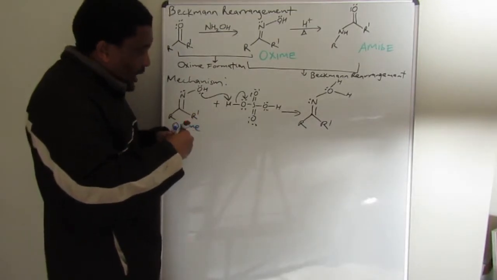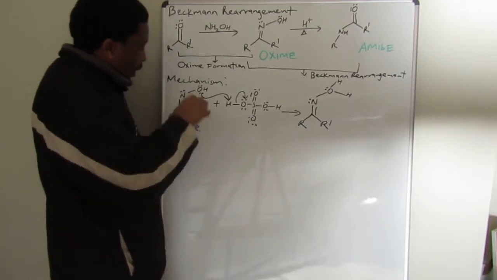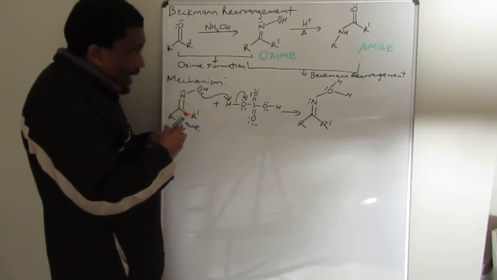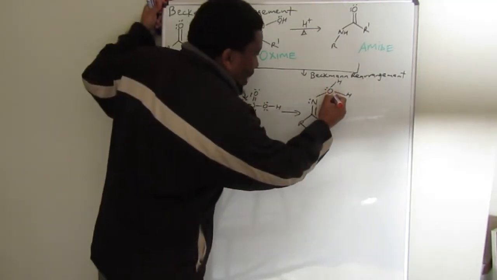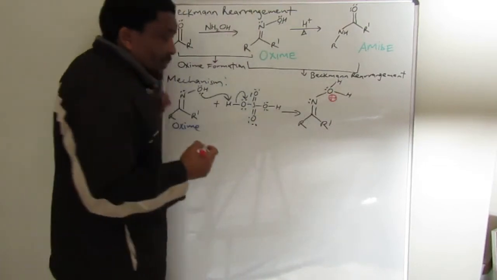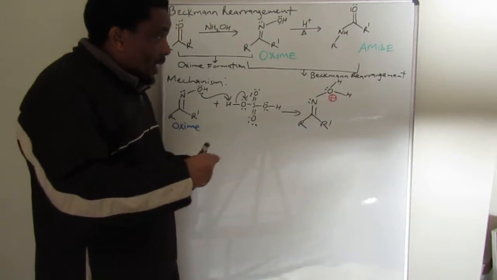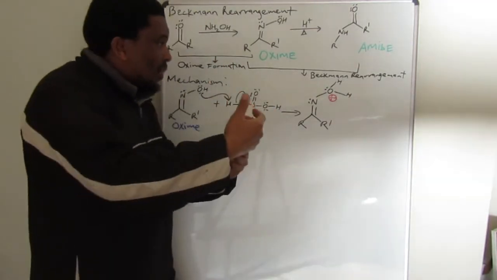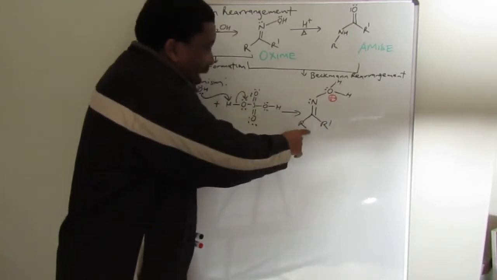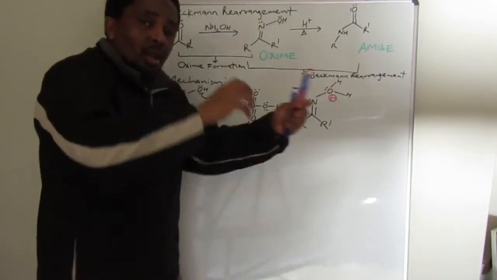Now this oxygen atom was neutral in charge, but it has picked up an H plus and therefore becomes positive in charge. That means we have now generated a protonated oxime.